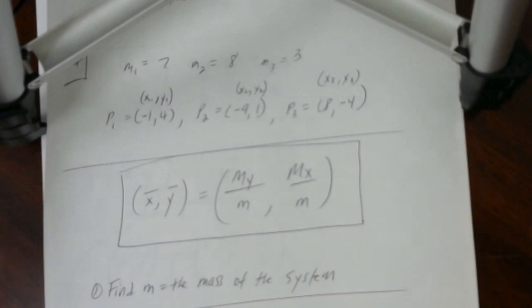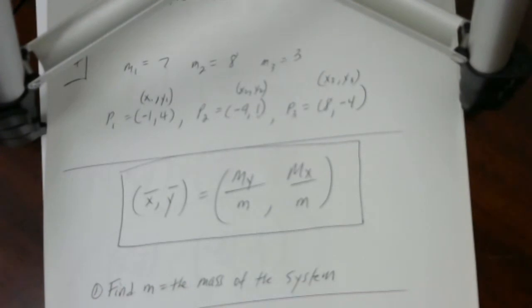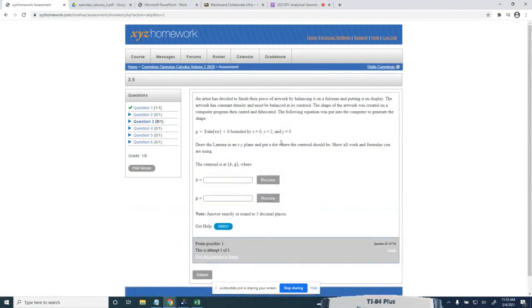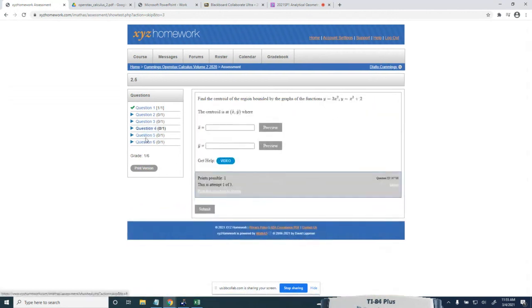For problems 2 through 6, notice I'm not giving any masses. I'm giving some coordinates, but I'm not giving a mass. I'm just sort of giving a couple of equations. Same thing for the rest of the problems.